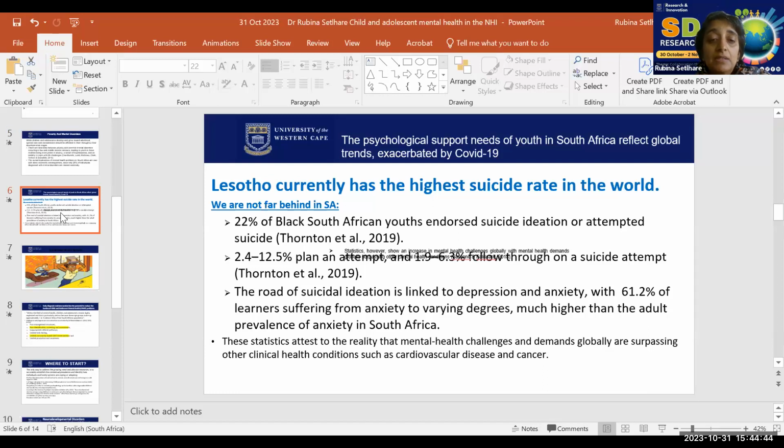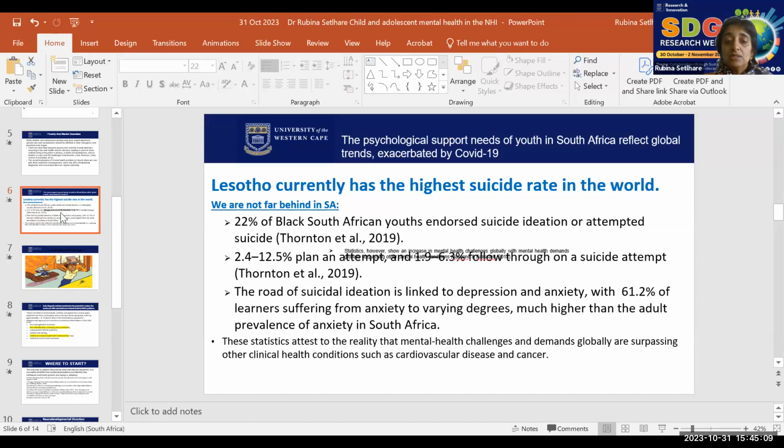So we found that research by Thornton et al. in 2019 found 22% of Black youth endorsing suicide, and between 2 and 12% who actually followed through. And the road of suicide ideation is linked to depression and anxiety, with 61.2% of learners suffering from anxiety to varying degrees.